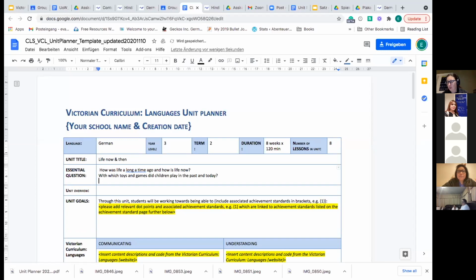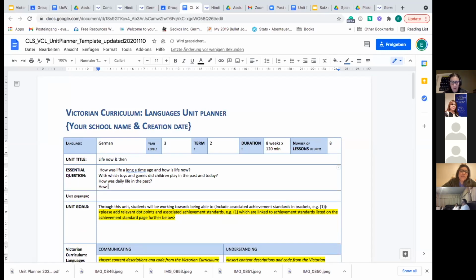We will look at toys. How was daily life in the past? How was school in the past?